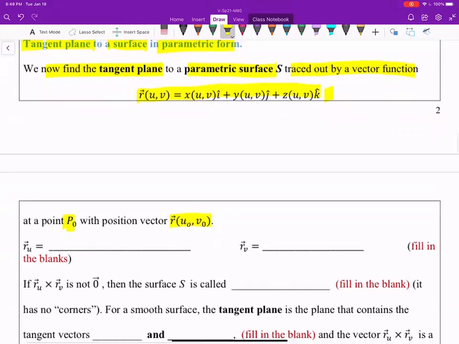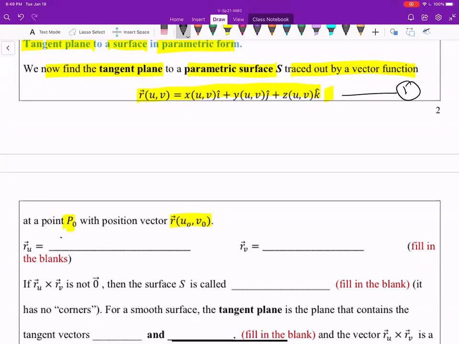For that we need r sub u, because whenever we write an equation of a plane, we need the normal vector. So we are determining what normal vector we can consider for this tangent plane. So r sub u is given by differentiating r with respect to u, that means differentiating this equation partially with respect to u.